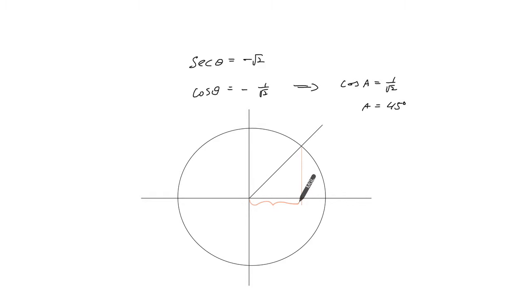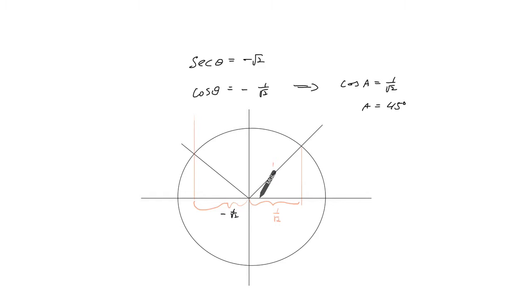This length right there is 1 over root 2 if the radius is 1. So if I get the exact same length and stretch it to this quadrant to the left of the y-axis, okay, let's draw a vertical line up. This here is going to be minus 1 over root 2.